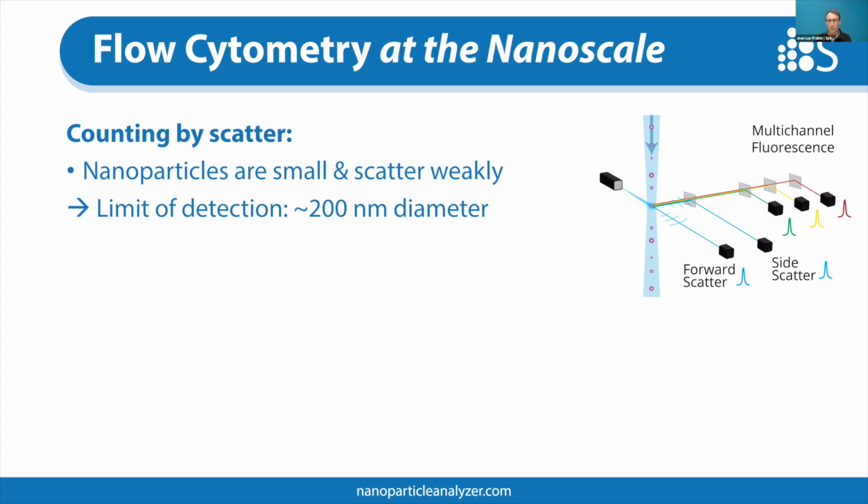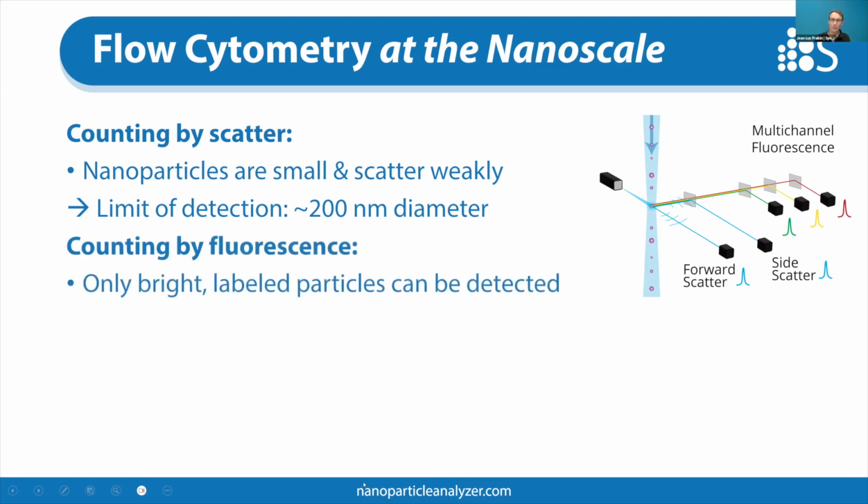So practically speaking, most flow cytometers' limit of detection is about 200 nanometers for a strongly scattering particle, and larger for weakly scattering particles. The other option, triggering on fluorescence, really only enables you to detect fluorescent particles for one, so that limits the set of particles that you're detecting in the sample. And they have to be bright enough to be detected, obviously.